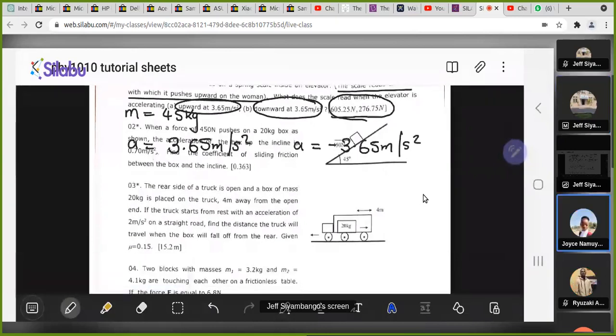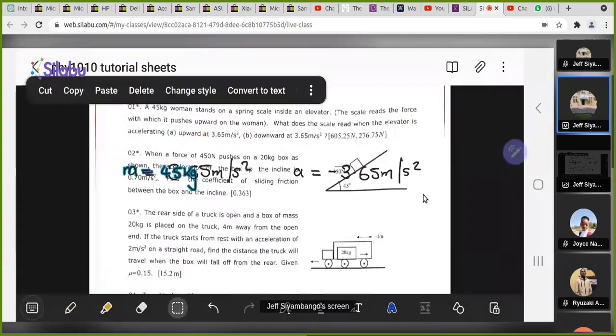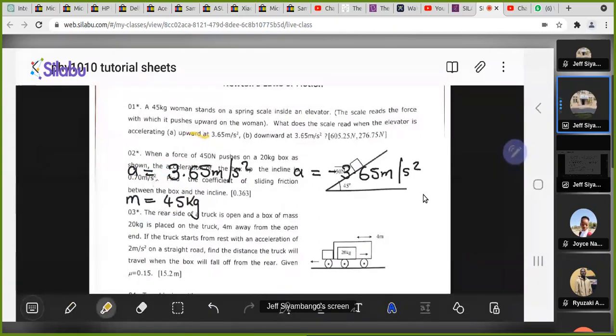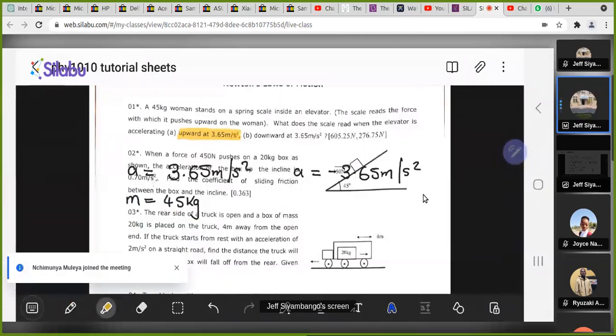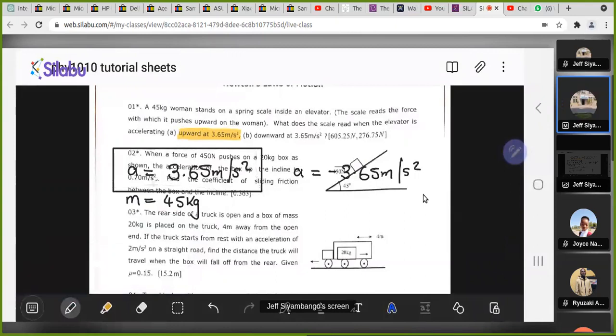So if it was going up, the acceleration would have been positive. Yes, we actually have two values here. If you look at, let me highlight, look at this one here. When the elevator is going upwards, that is 3.65. So for this case, I am taking this as positive 3.65.